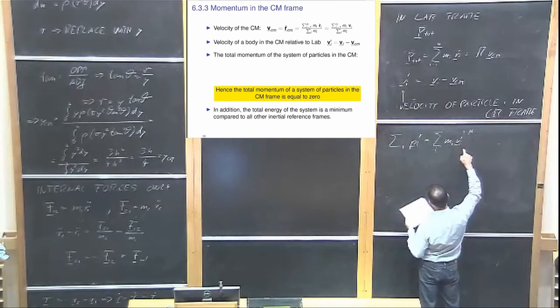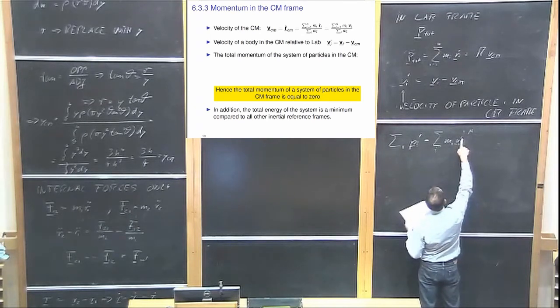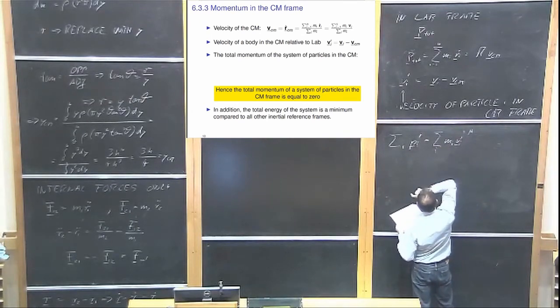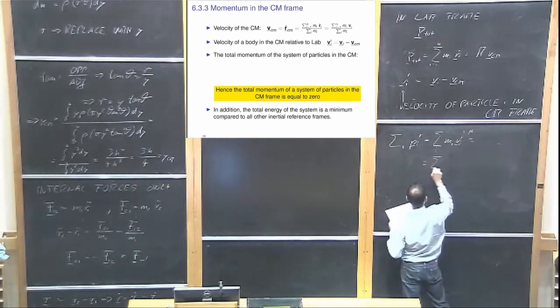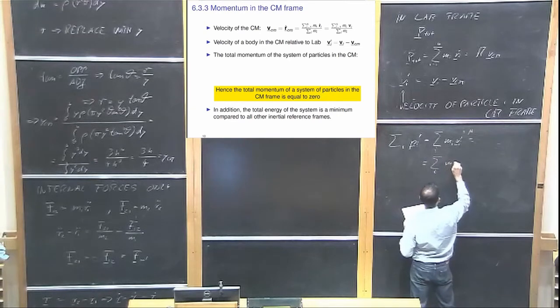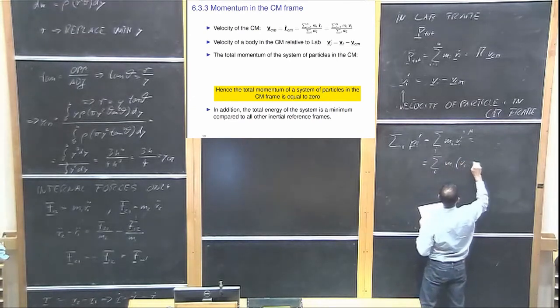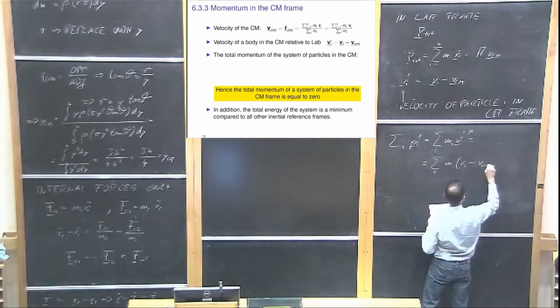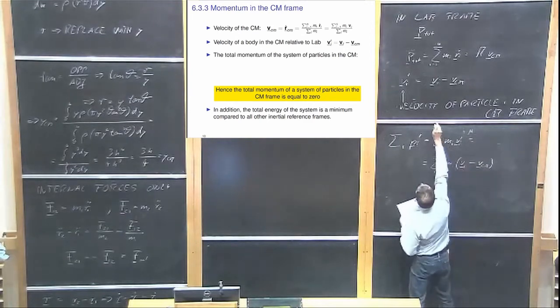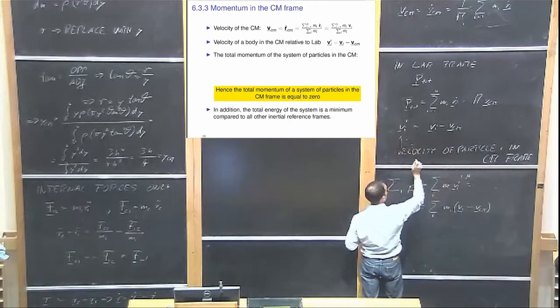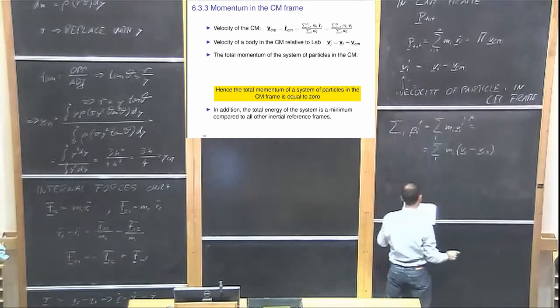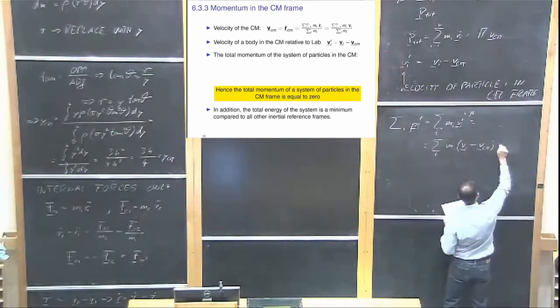I'm going to plug in the velocities with respect to the velocity of the center of mass frame. So this is basically rewritten as sum over i of m_i (V_i minus V_CM). So I'm just going to plug that in here in the definition of the momentum in the center of mass frame.